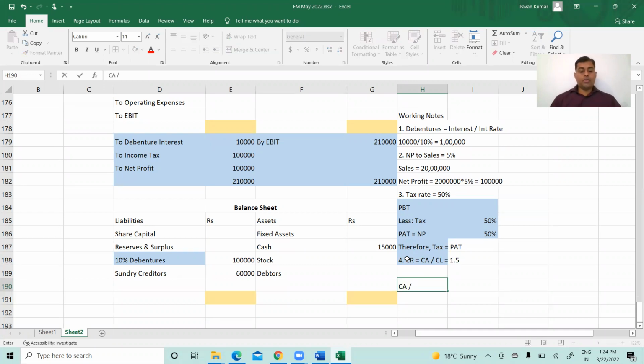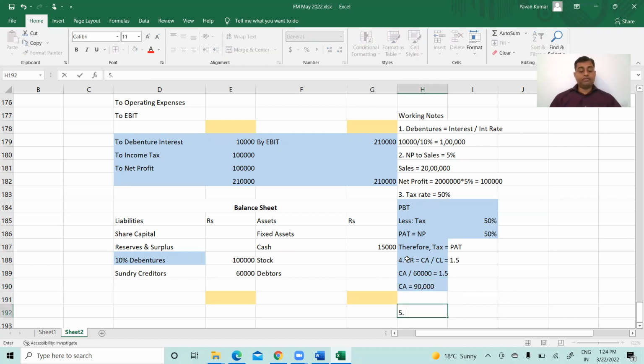We have sundry creditors, 60,000. So can I say current assets by 60,000 is equal to 1.5? Therefore, current assets is equal to 60,000 into 1.5, 90,000. So all of you understand this, guys? So total current assets is 90,000. This is working note 4.